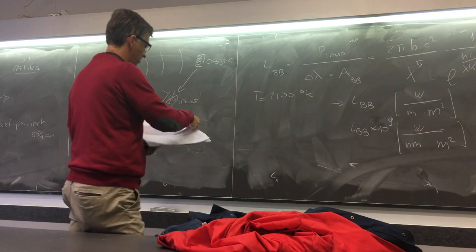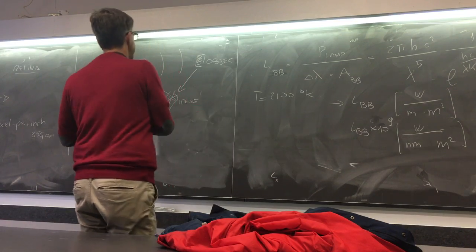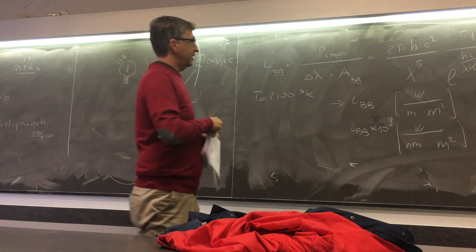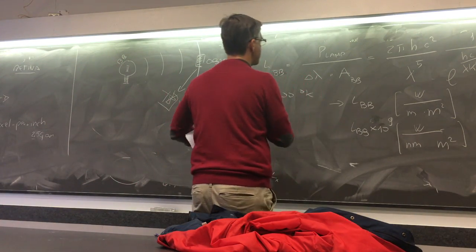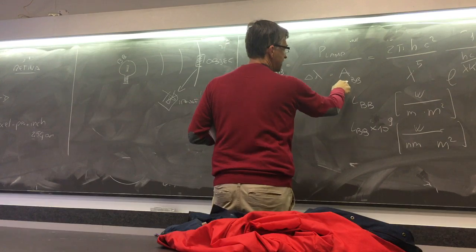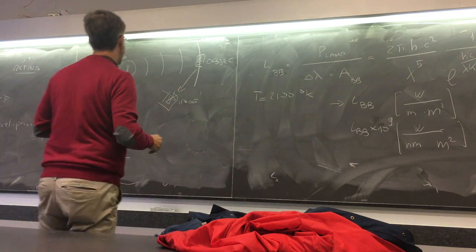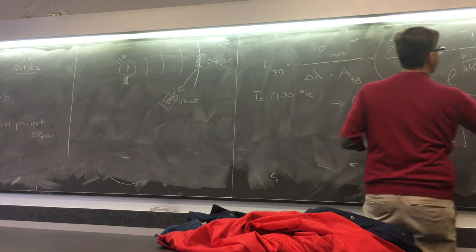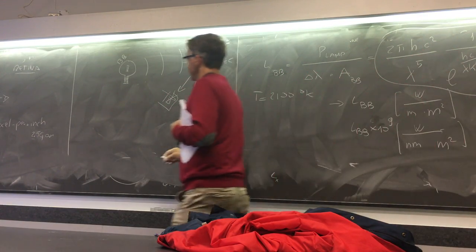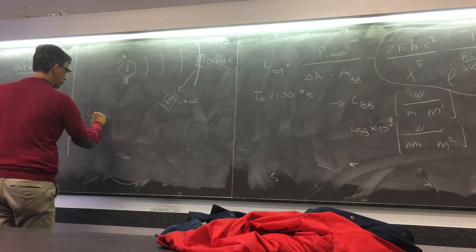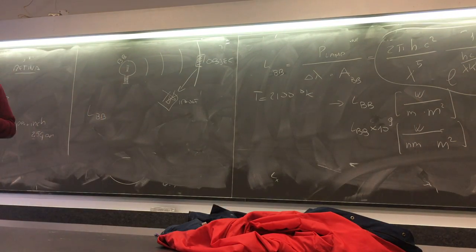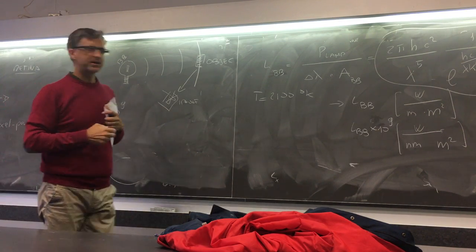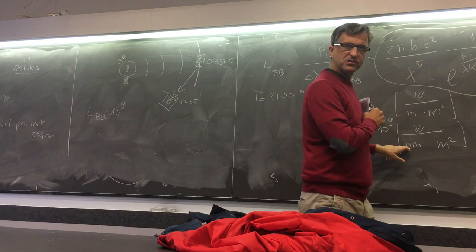Why? Because this is a signal that goes here. And to compute the total power, you see here you have the black body. Then you put this L_BB, that is that equation, and you multiply by 10^-9 so that you get in this unit.